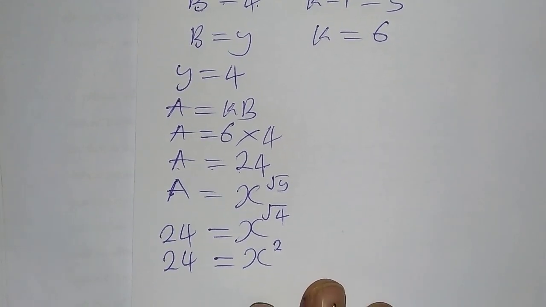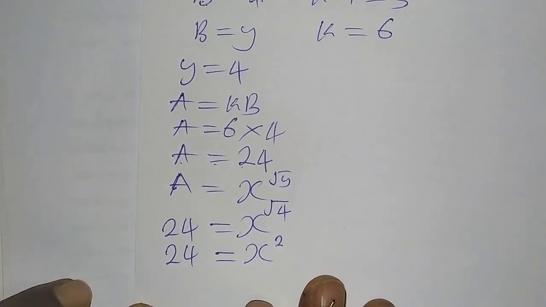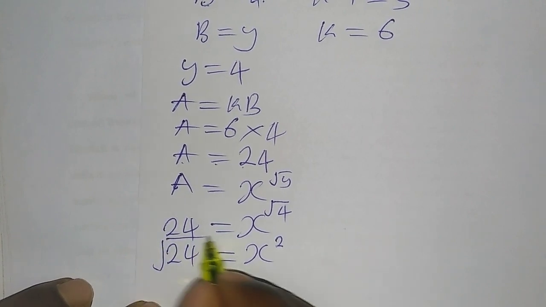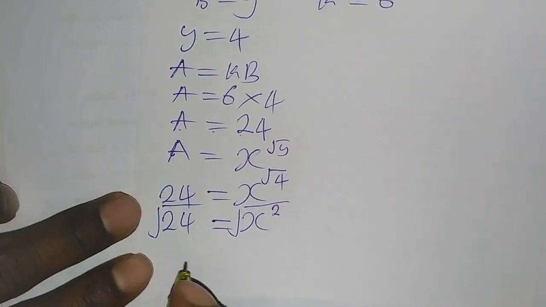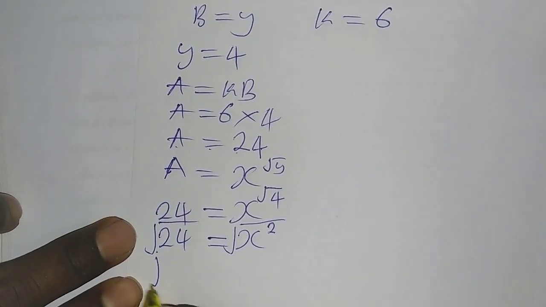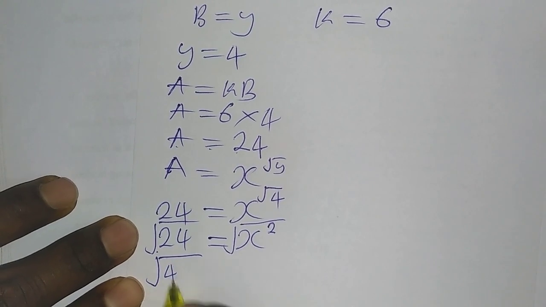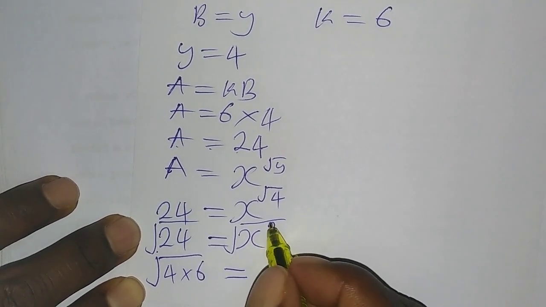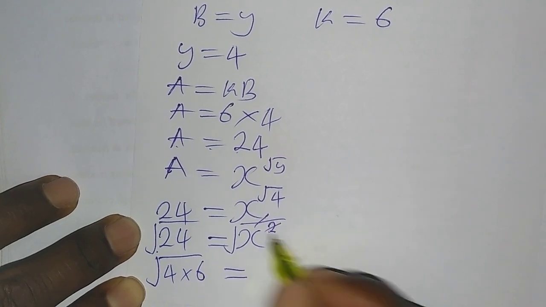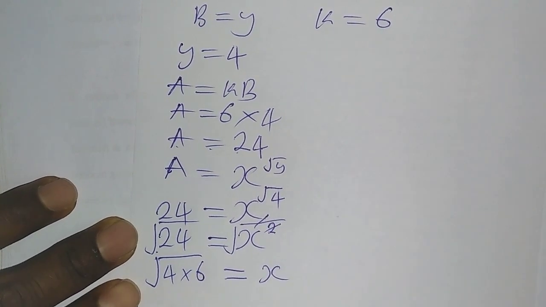From here, we can take the square root of both sides. We take the square root of this place, and we take the square root of this place. And this one is the same thing as the square root of 4 multiplied by 6, and the square root can cancel the square and we will be left with x.